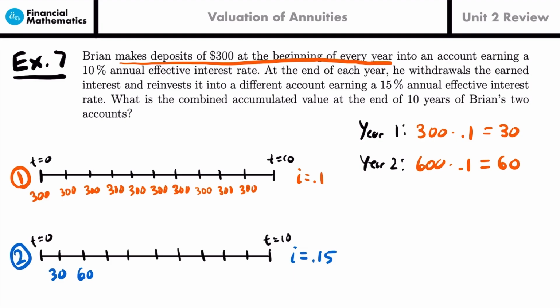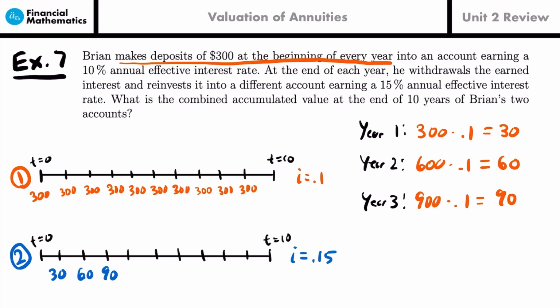And so maybe now you can see the pattern. For year 3, he has $900, so the interest generated will be 900 times 0.1, which is 90. He takes that interest out and reinvests it into this other account. With every year that passes, since Brian is depositing another $300, the interest generated increases by $30.